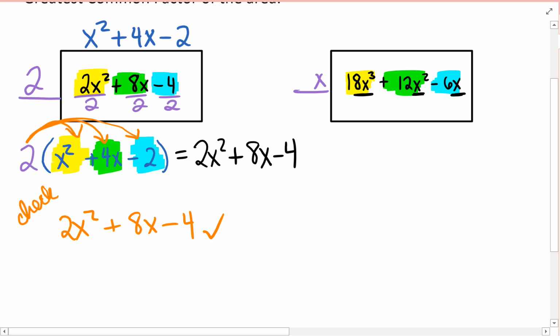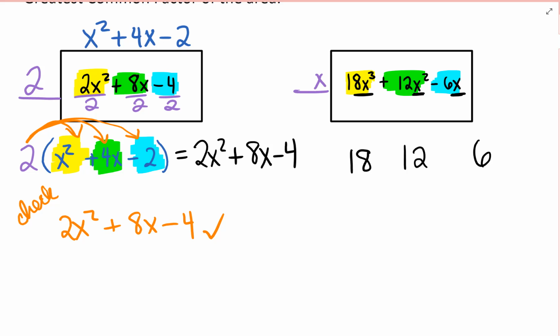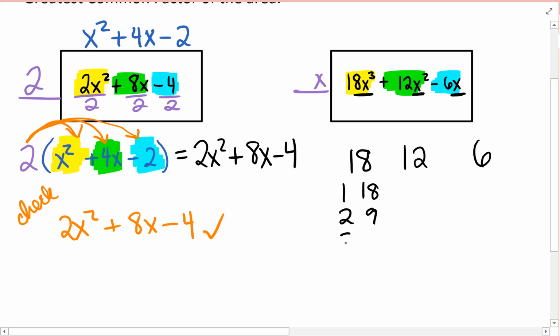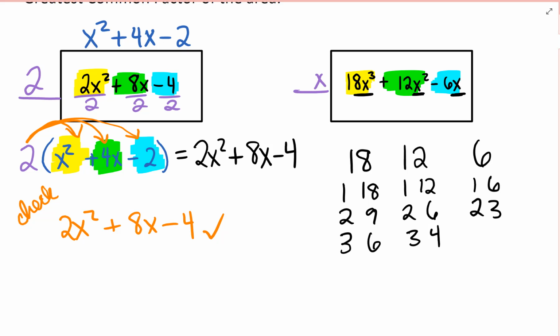What about the numbers? The factors of 18 are 1 times 18, 2 times 9, and 3 times 6. The factors of 12, 1 and 12, 2 and 6, 3 and 4. The factors of 6, 1 and 6, 2 and 3. So what is the GCF?